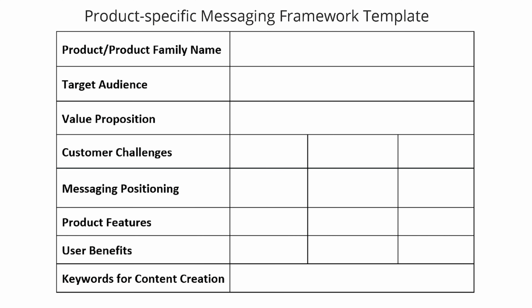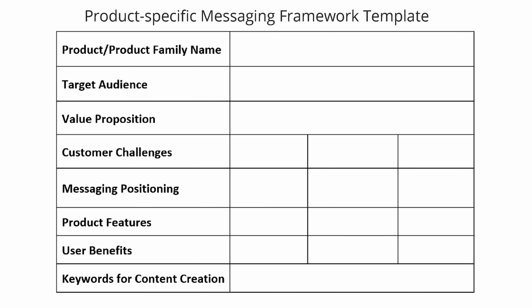As you can see on my screen, this is what the messaging framework template looks like. It's actually very simple and easy. It's not difficult. You start with a product or the product family, and I'm just going to read them out loud to make sure that we're on the same page. The second category is target audience, followed by value proposition. The next one is customer challenges.